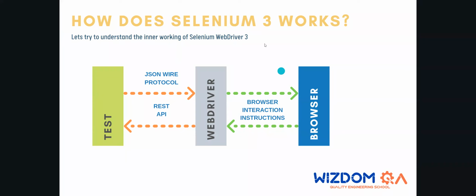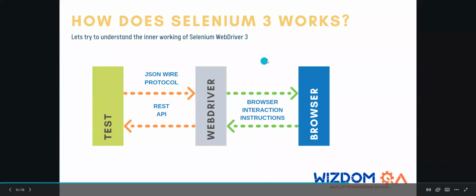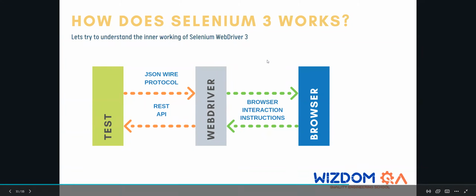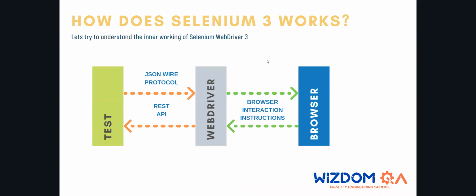So let me talk about the architecture of Selenium 3, because this is the first thing the interviewer will ask to understand your knowledge in Selenium. On the very extreme left, we have test cases, written in simple Java. You have seen me doing this.